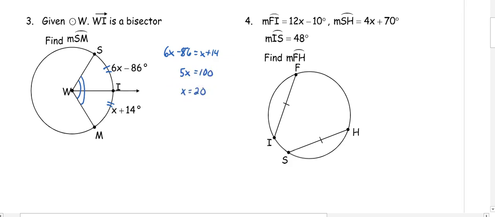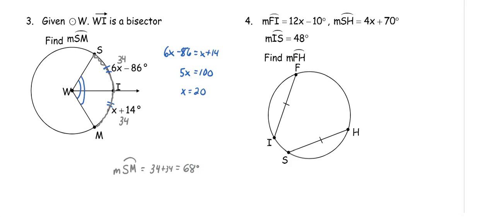So x is 20. Then we need to find SM. So I'm going to substitute 20 into both parts. And I would get 34 and 34. So the measure of arc SM, we would need to add those two together. So we would have 34 plus 34, which would be 68 degrees.